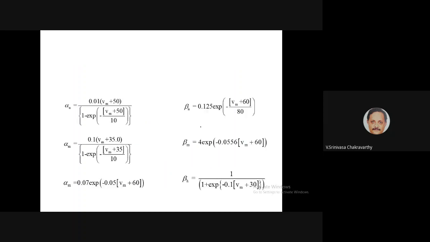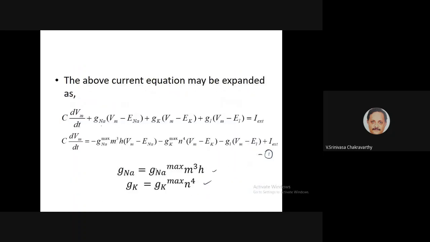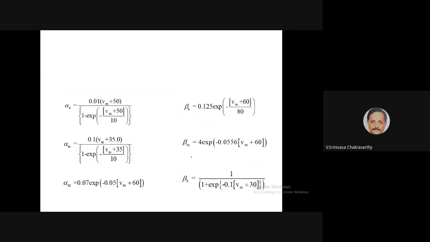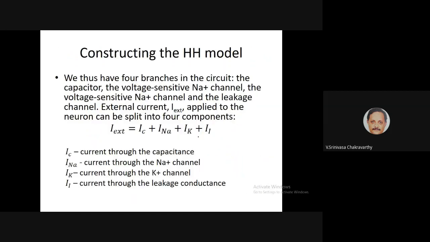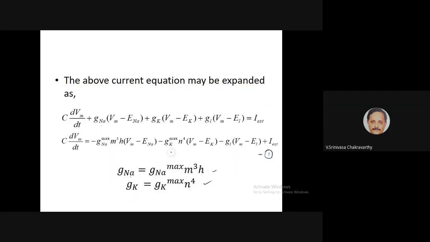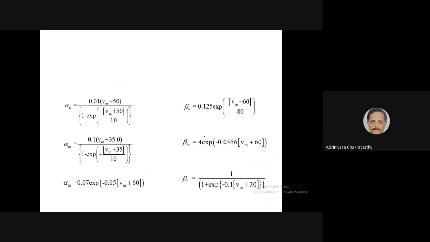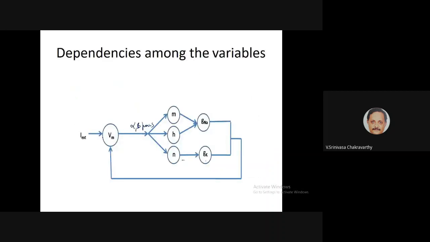M and h together control GNA, and n controls GK. Now GK and GNA show up again in equation number 1, and through that equation, GK and GNA control VM. Therefore the loop closes. External input operates externally on this loop. So VM controls alpha and beta, which control m, h, and n, which control GNA and GK, which again control VM, and the loop goes on.